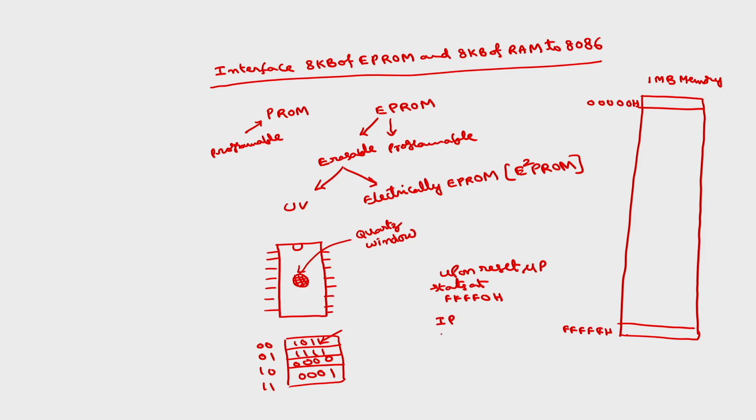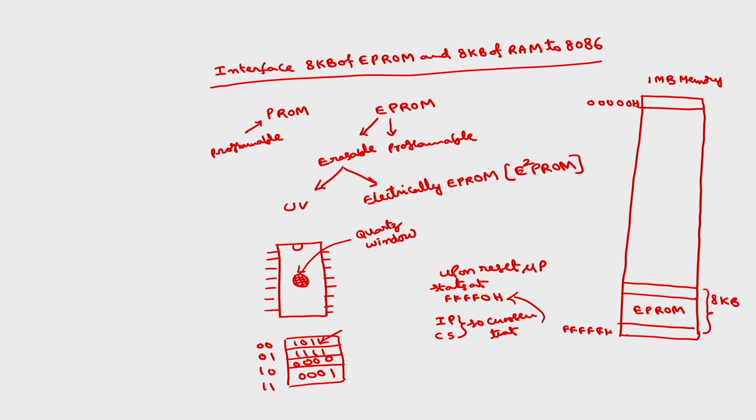The IP and CS will be so chosen that it goes to this particular address. That is why normally the last portion of the memory is used for EPROM. So, here I am using the last 8 kilobytes for EPROM.